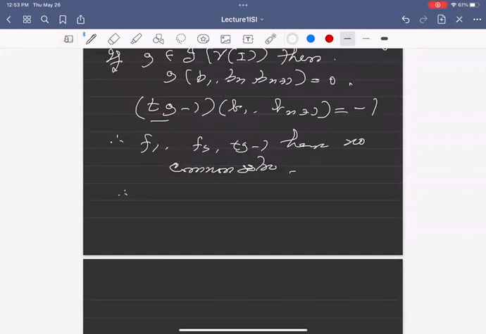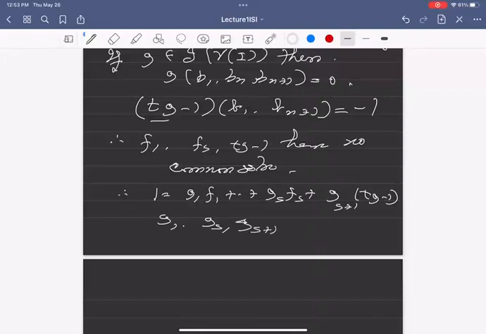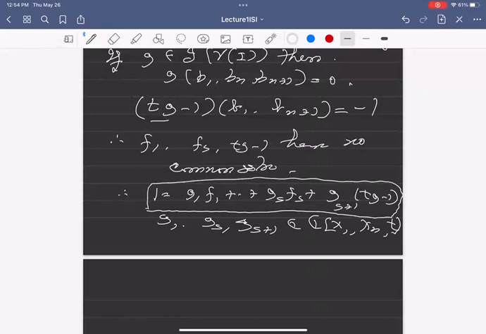So therefore, 1 can be written as G1 F1 plus up to Gs Fs plus Gs plus 1 Tg minus 1, where G1 up to Gs plus 1 are polynomials in the bigger polynomial ring. So I have this polynomial identity involving x1 up to xn and t. There are now n plus 1 variables, and this is a polynomial identity.